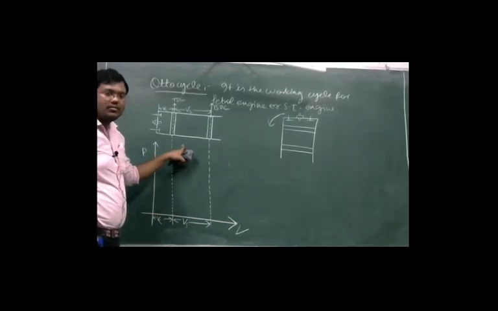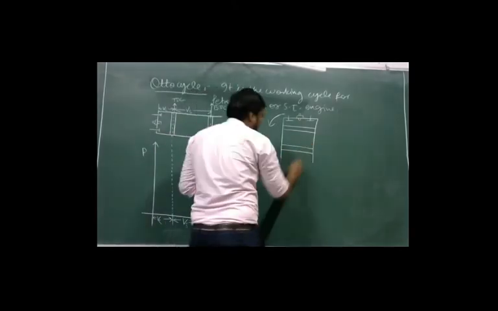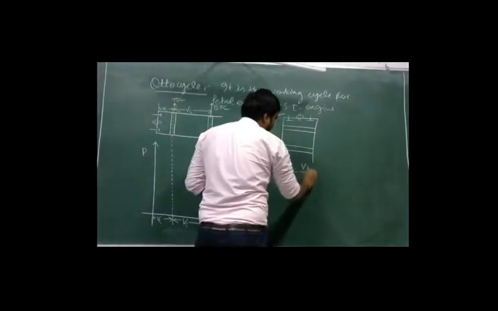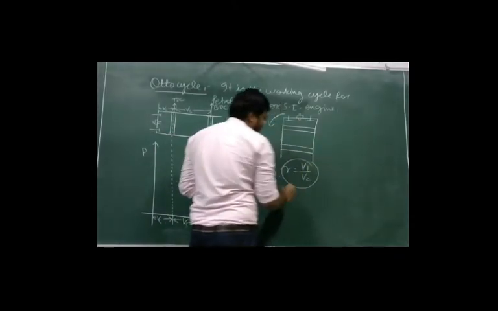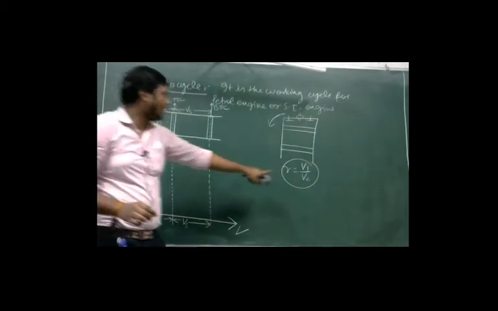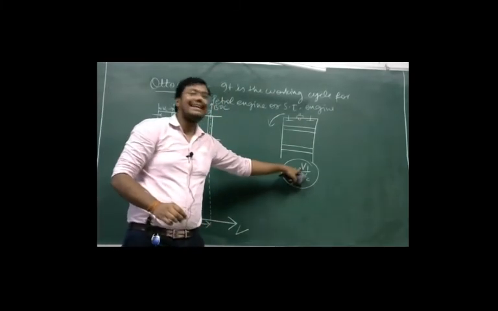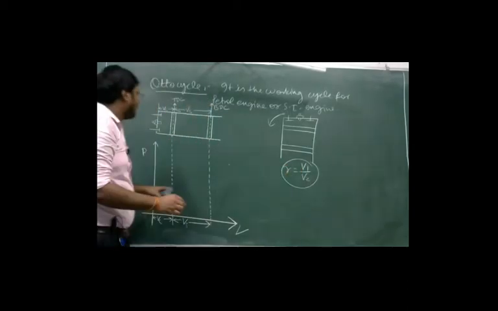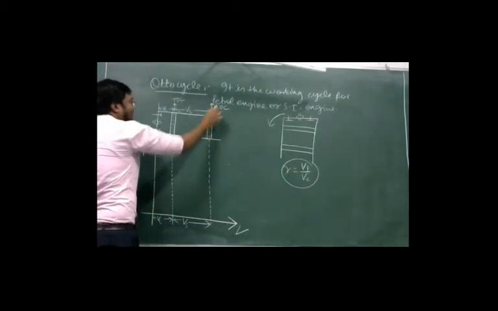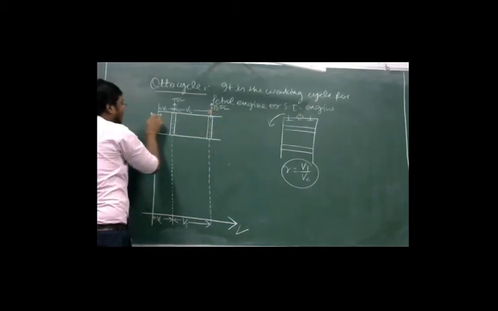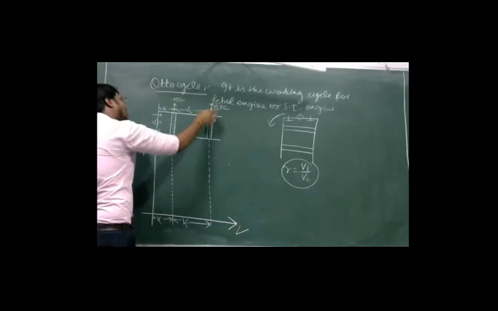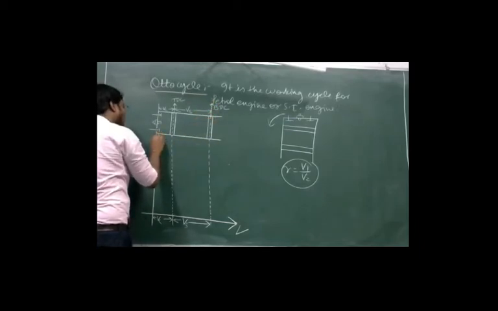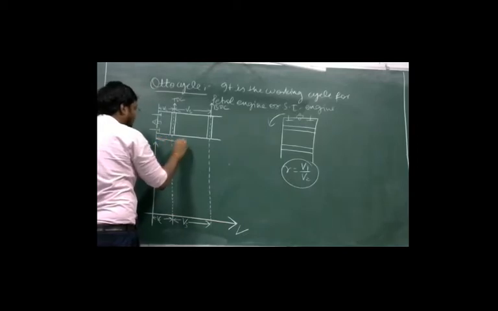So compression ratio R equal to V1 by V2. Okay, we have studied that in the previous class. So what is V1? V1 is the starting volume of the compression stroke. Okay, at the starting of compression, the piston will be at BDC. So V1 is the total volume from the cylinder head up to the BDC position. The total volume is known as V1.